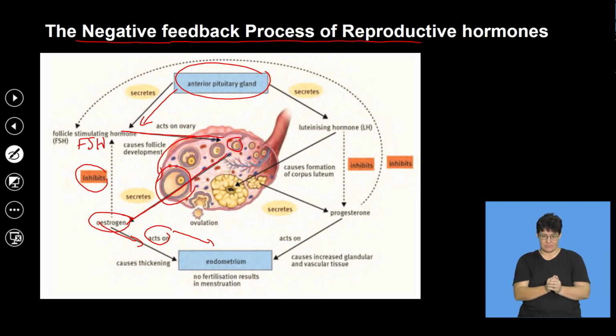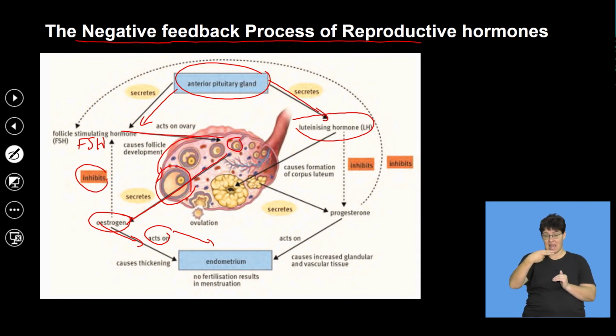However, we also need to recognize that around day 14, the luteinizing hormone levels increase, and when luteinizing hormone levels increase, we see that it begins to target the corpus luteum. When it targets the corpus luteum, it will cause a process of ovulation.